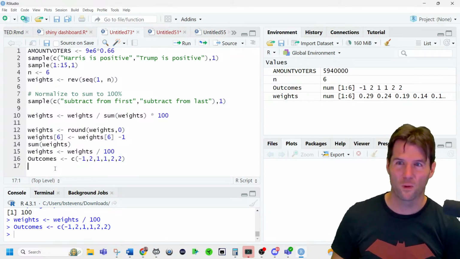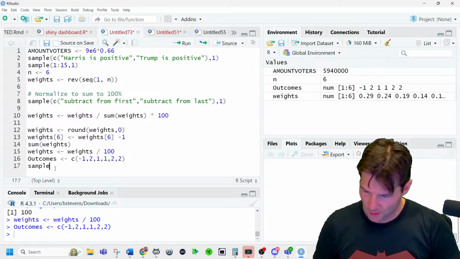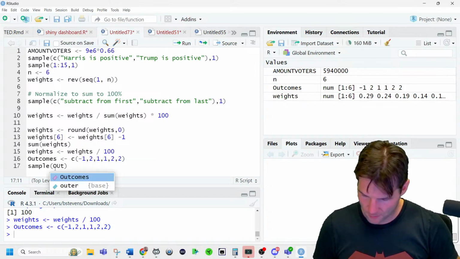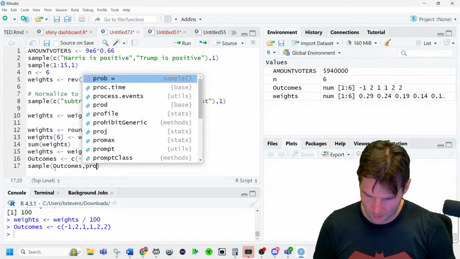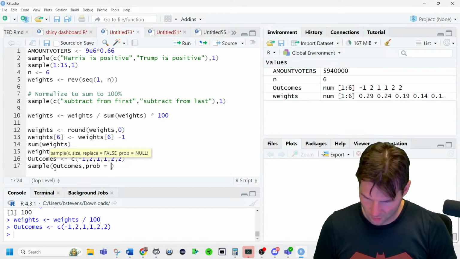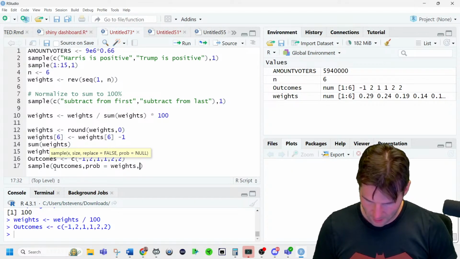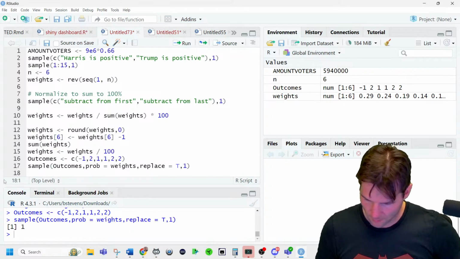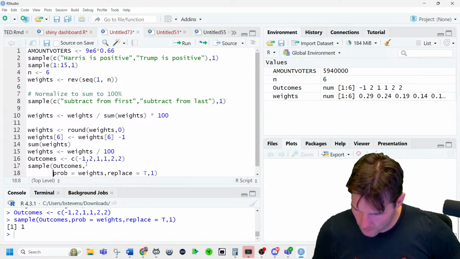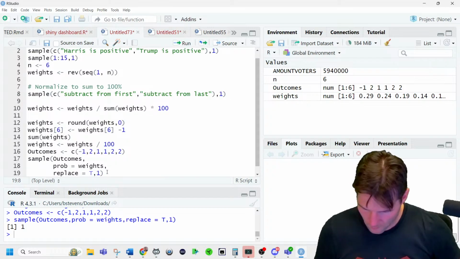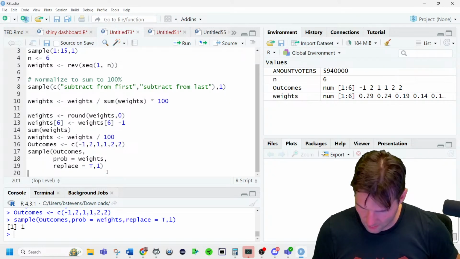Trying to do it in a way someone would actually do a simulation. Sample from outcomes, comma, probs equals weights, comma, replace equals true, comma, 1 outcome. There we go, okay. And we're almost done, almost got the simulation.